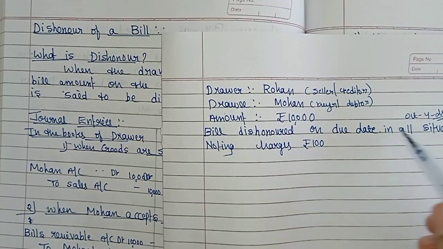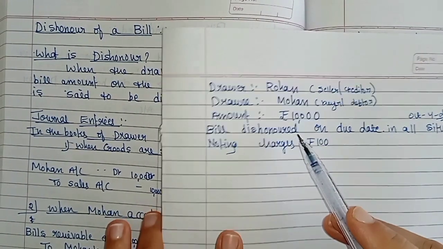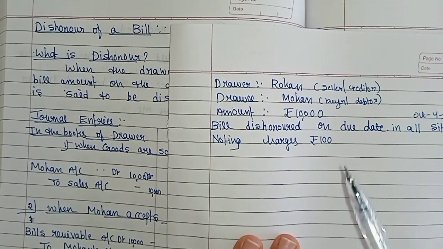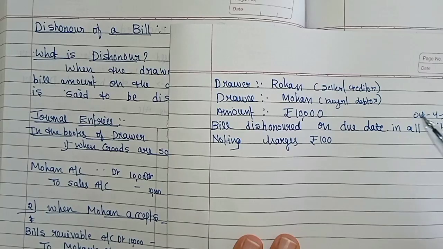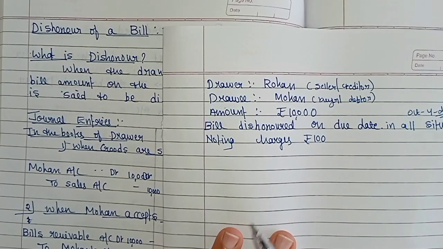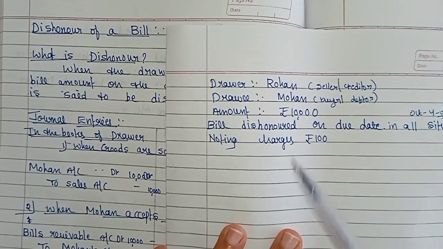So on October 4th, Mohan fails to pay the amount of rupees 10,000. So we will say the bill is dishonored. And next is noting charges, rupees 100. Later we will see the meaning of noting charges. Clear? So this is the example.